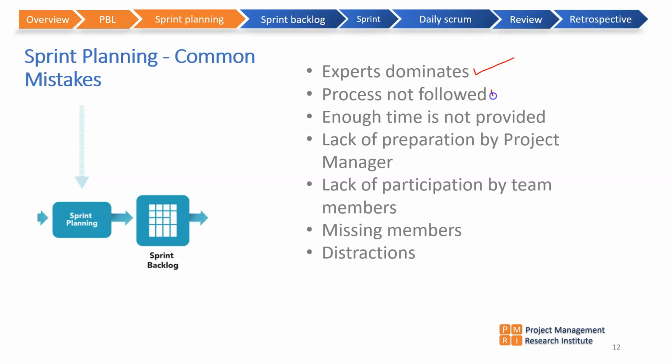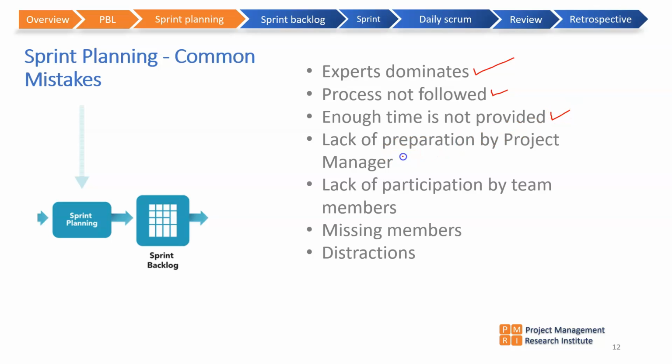The process is not followed. Sometimes it becomes a free for all. Sometimes enough time is not provided. From our experience, if you have to perform a reasonably good sprint planning meeting, it will take at least 5 hours. Some teams complete it in 1 hour, so then the process gets diluted.